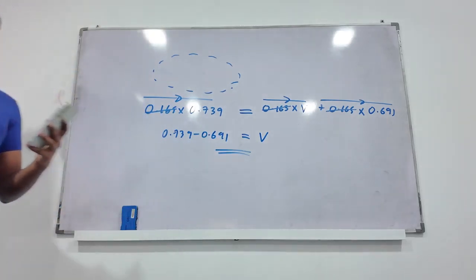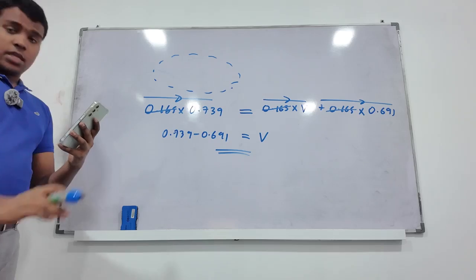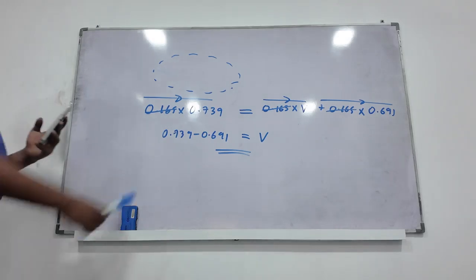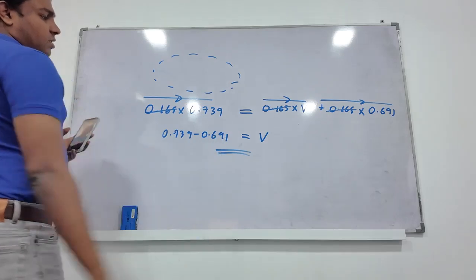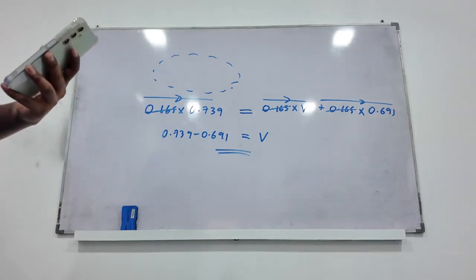Imagine you are given this as an MCQ. If you are given this as an MCQ, guys, never write the full-length equation. Straight away take the velocity like this. It's way easier, right?